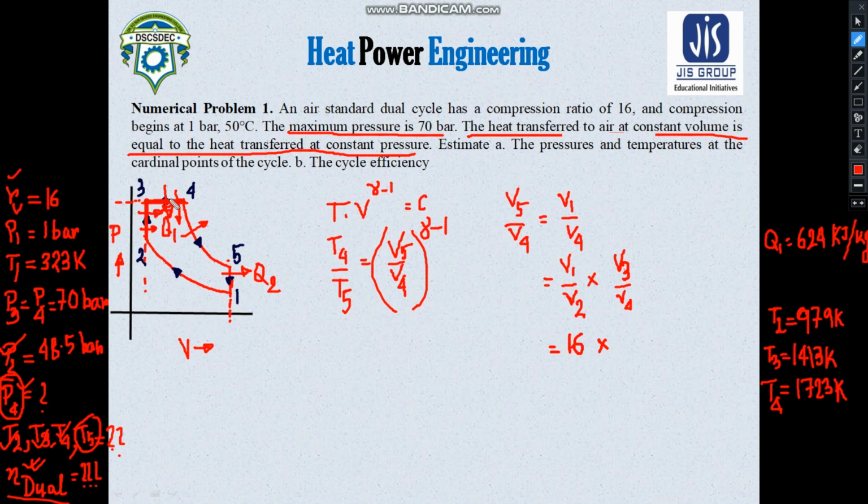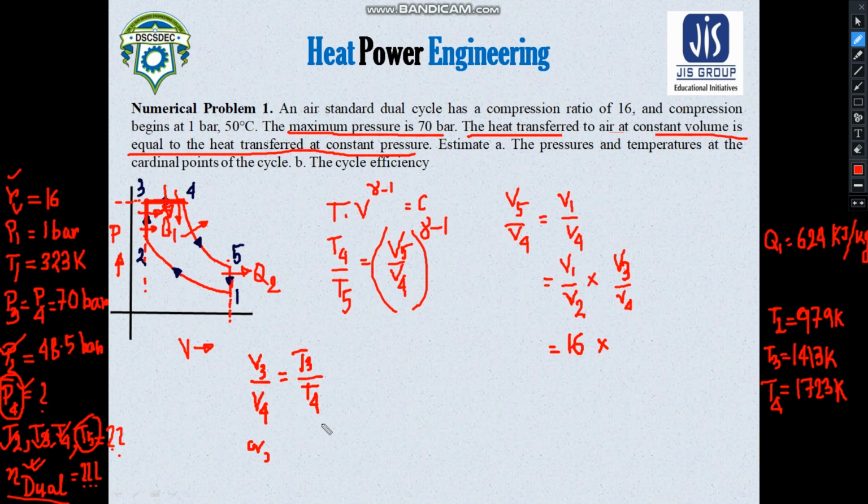How can we calculate this cutoff ratio? We need to study this process. This is a constant pressure heat addition, right? So for this process, volume would be proportional to the temperature. So V3 by V4 would be equal to T3 by T4, nothing else.